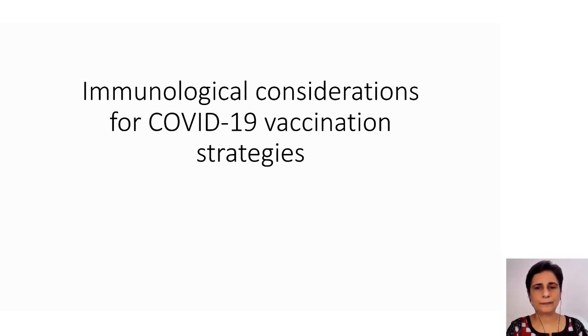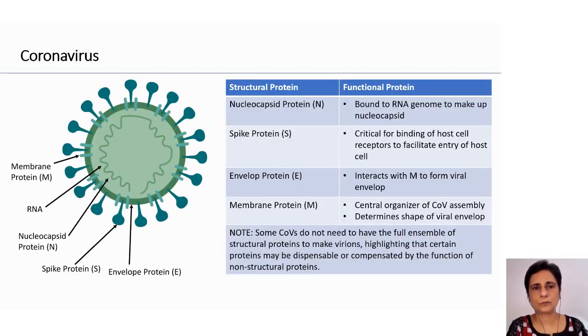Hello, I'm Gagandeep Kang, and I'm going to be speaking to you today about immunological considerations for COVID-19 vaccination strategies. In order to understand what are the important immune responses, we need to know a little bit about the structure and the replication of coronaviruses. There are major structural proteins of the coronavirus.